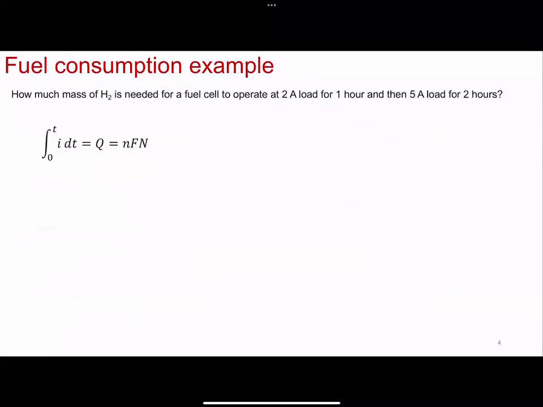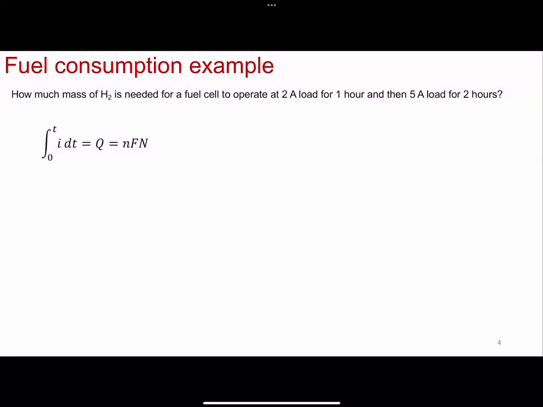Okay, so the flip side is, you have an engineering problem and you want to know how much gas you need for that specific application. If you have an appliance, you need some input current, or you need to draw a certain current out, or some power out. Then you have to backtrack and say, how much fuel do I need to input into my fuel cell to achieve that?